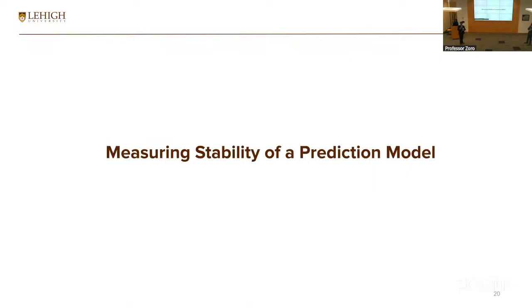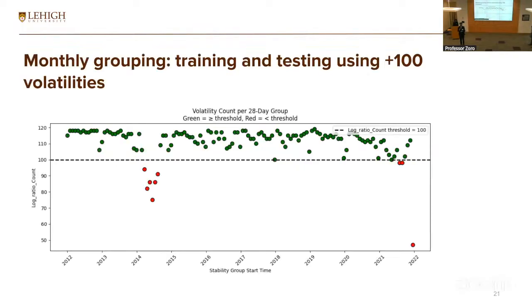So we built our model using just previous period volatility, and now we want to build statistical tools and empirical analysis on this model and see how stable it is throughout the whole period. So again, we use the filtering technique that we used for the data, and we set a certain threshold. If we have a certain number of error counts, we're going to consider only that data. We set this threshold to 100.